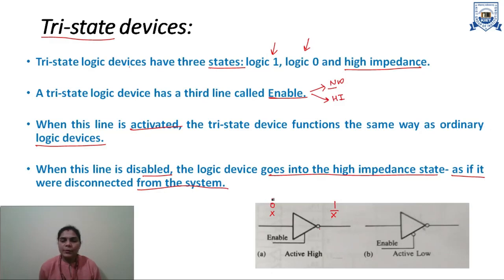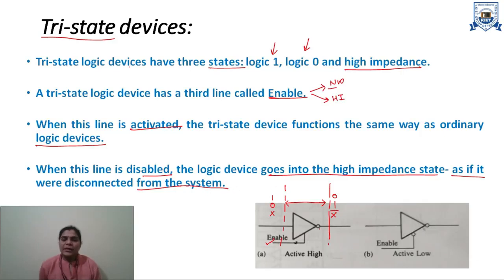If we provide input 1, it will convert it into 0, when this enable line is active. But if this enable line is disabled, then the circuit behaves like a disconnected circuit. No connection between input and output. This will be in high impedance state.